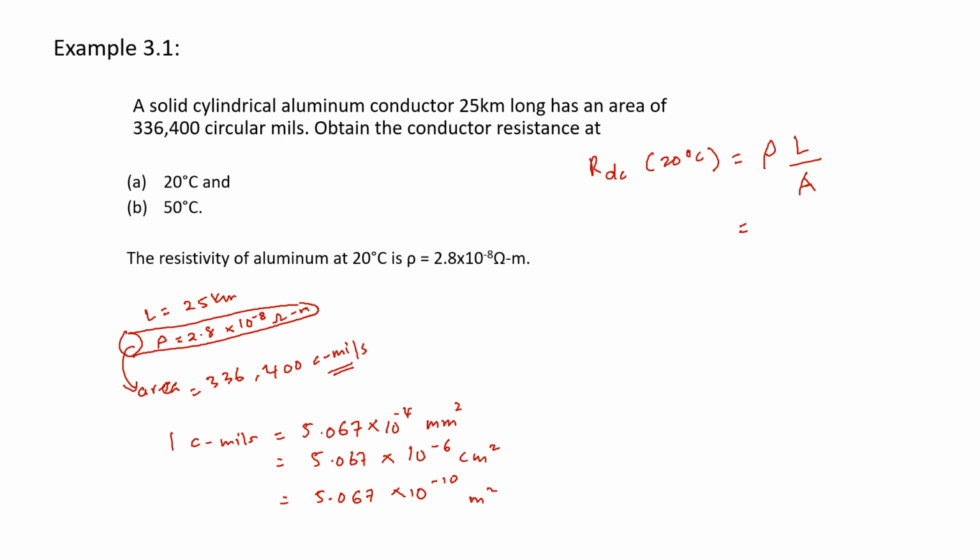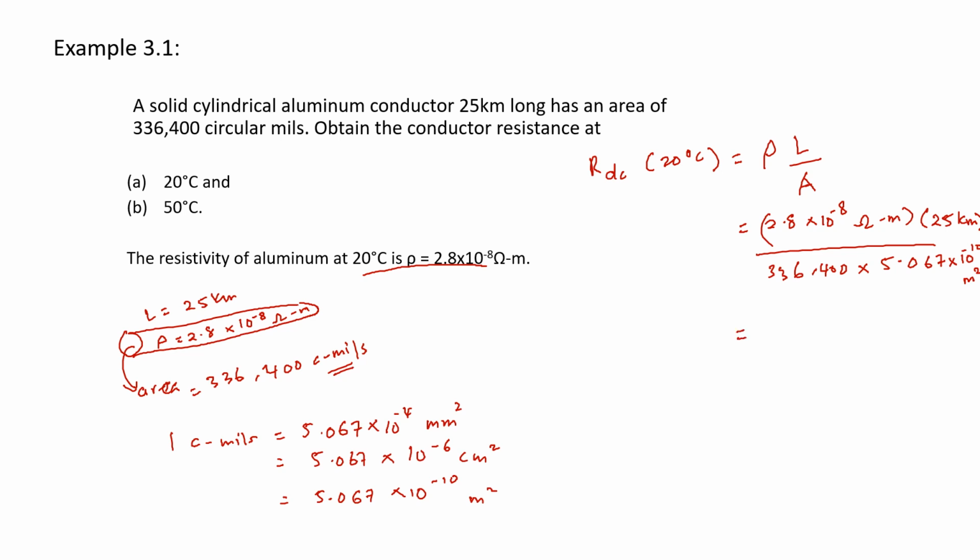And from here we know that at 20 degrees Celsius the resistivity of the aluminium conductor is 2.8 × 10^-8 ohm meter multiplied by the length of the conductor, which is 25 kilometer, divided by the area, which is 336,400 cmil. We change to meter square, so we need to multiply with 5.067 × 10^-10 meter square.